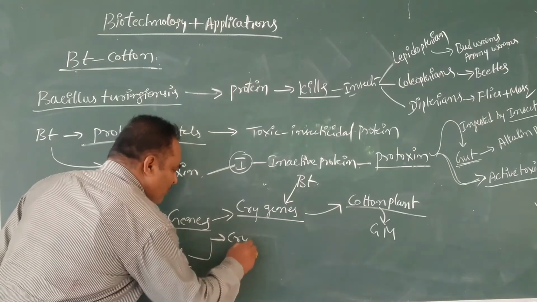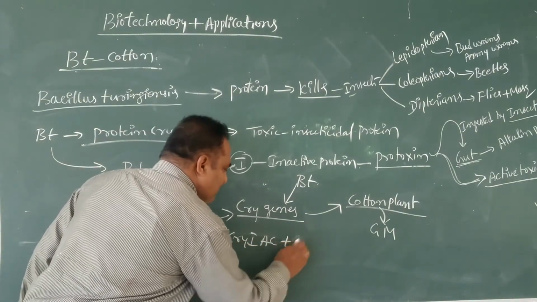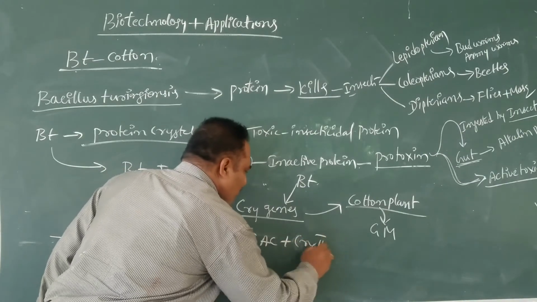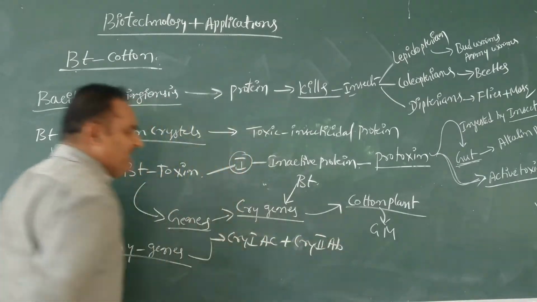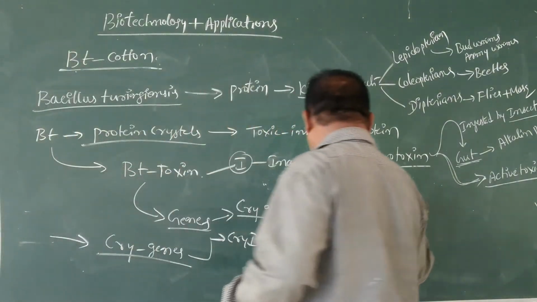Here, cry1AC and cry2AB usually kill bollworms.